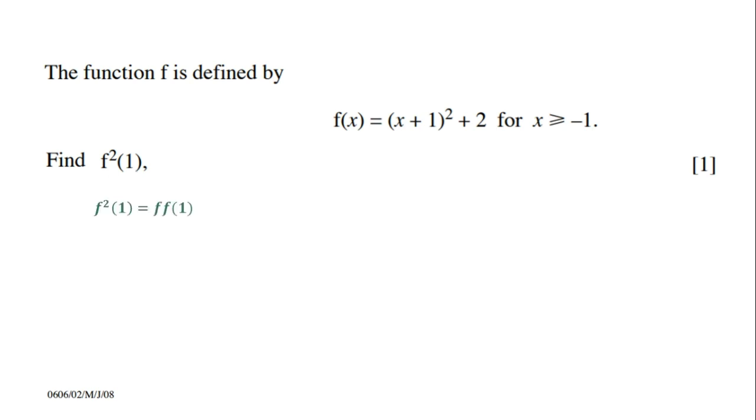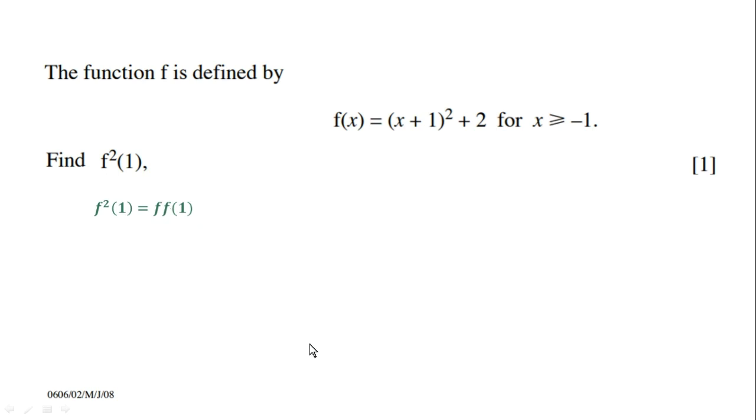Thus, f squared of 1 means f of f of 1. I am going to look first for f of 1, and whatever is the value of f of 1 will be the input to f once again.